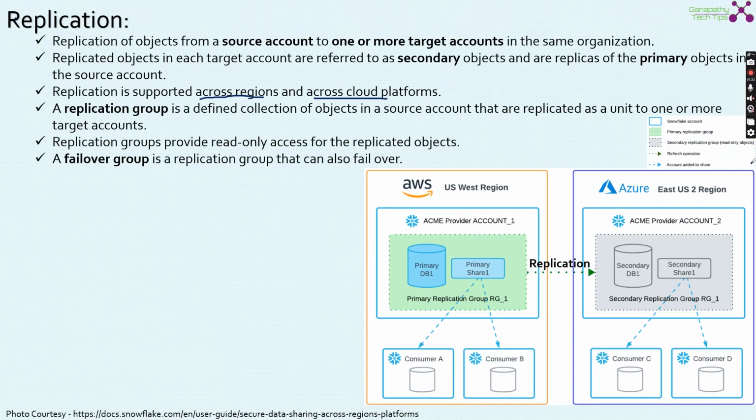Here you are seeing we are trying to do the replication between AWS and Azure. AWS is one cloud service provider and Azure is a different cloud service provider.